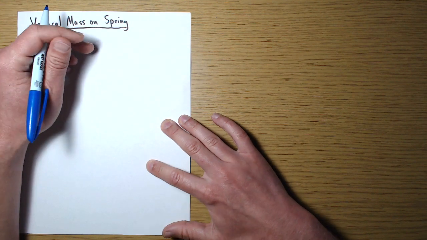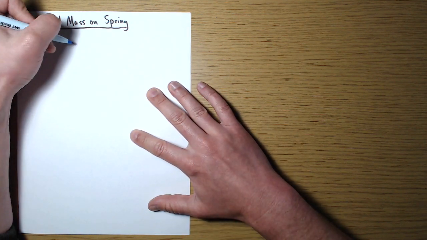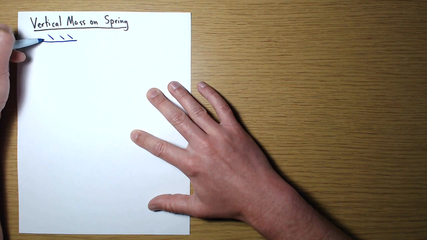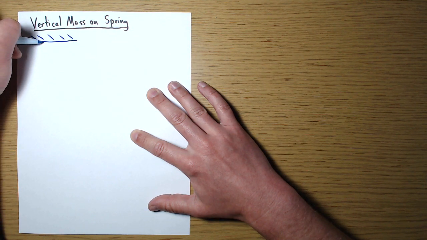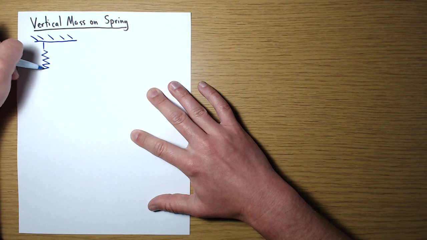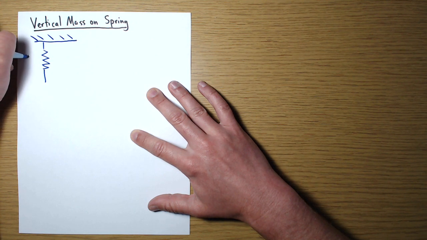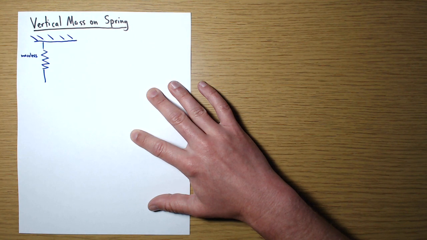So let's imagine that I have a spring that is vertically mounted. And this spring, I'm going to say, is massless. Now this is an idealization, but really what we're saying is its mass is very small compared to other relevant masses in the problem.